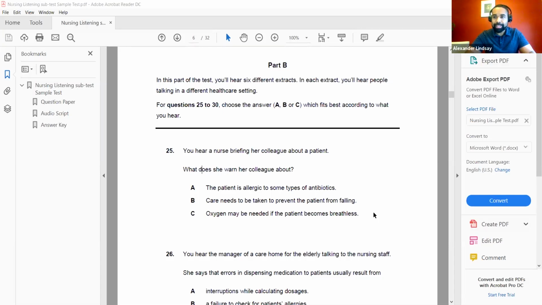So as I said, what you're listening for here is not just specific words and phrases, but the wider context. What that means is that there will be paraphrasing within these questions. So if the answer to 25, for example, is A, you're not going to hear the nurse say, be careful because the patient is allergic to some types of antibiotics.